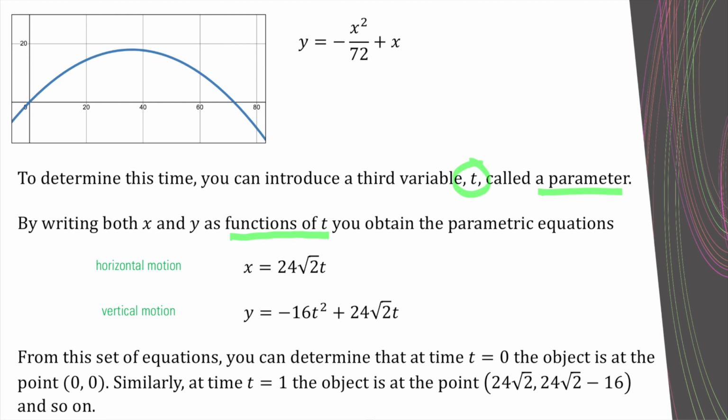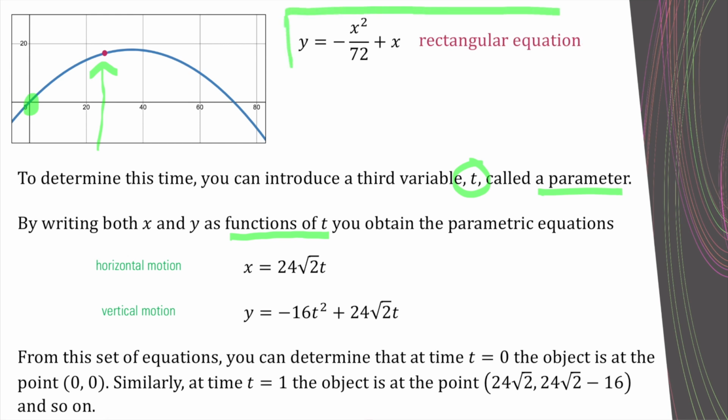From this set of equations, you can determine that at time t equals 0, the object is at the point 0, 0. And then at time t equals 1, the point has moved to 24 root 2 for the x value and 24 root 2 minus 16 for the y value.